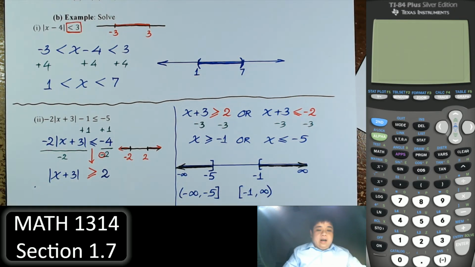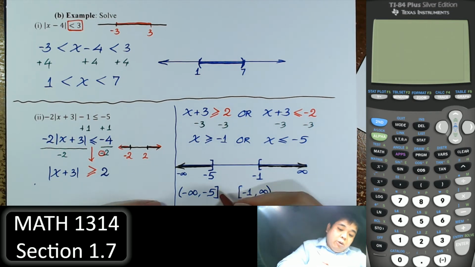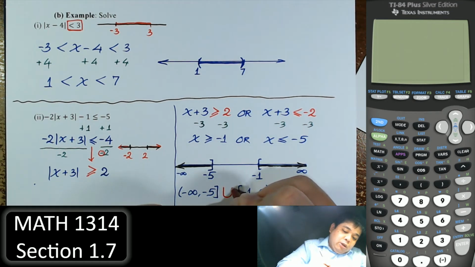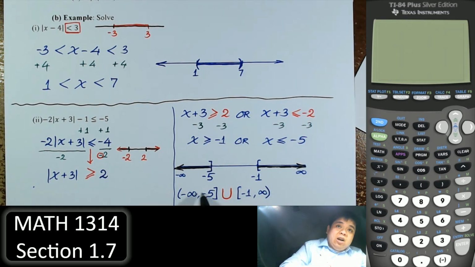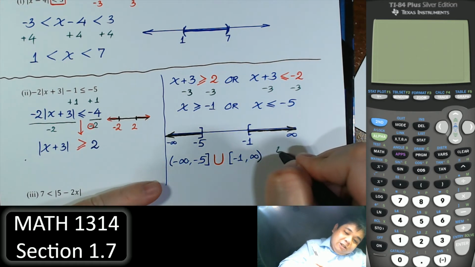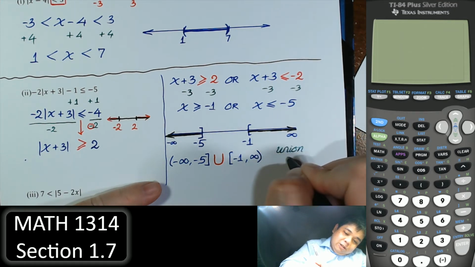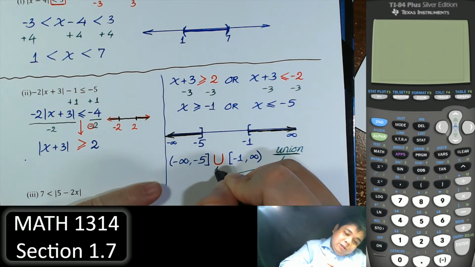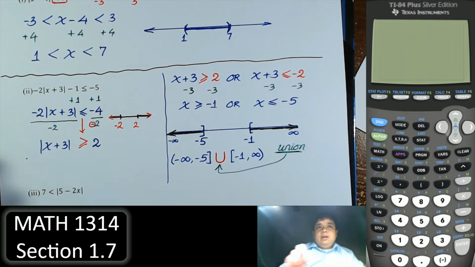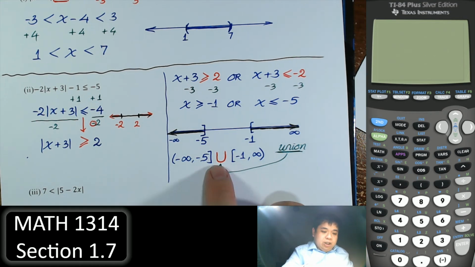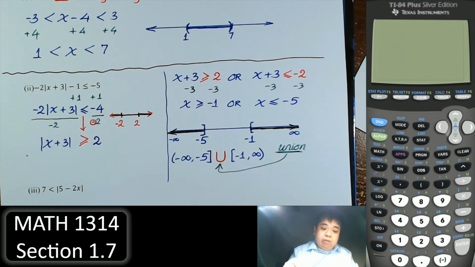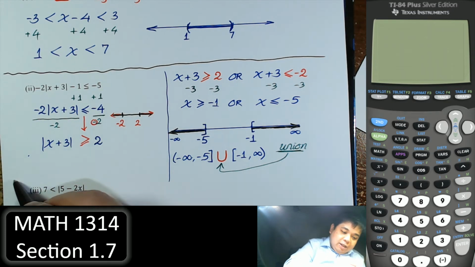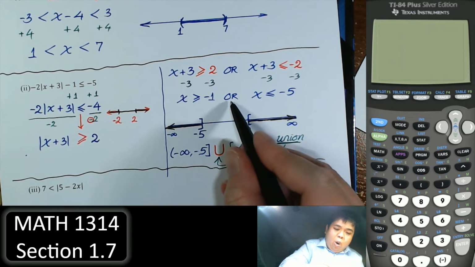When we have two intervals, we're going to use the U, which stands for union, which means in here or in there. Because it's two intervals, it could be on this interval or that interval. The union means it can be here or there, or both. So pretty much it means or.